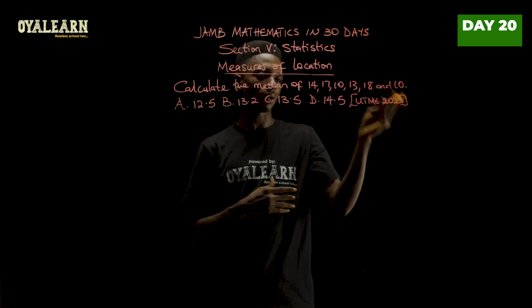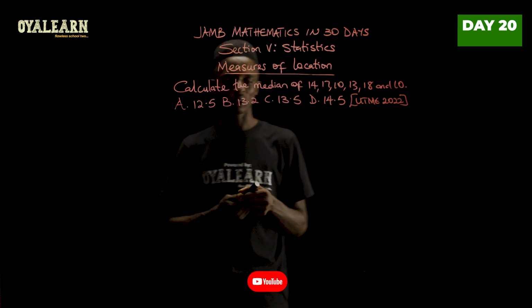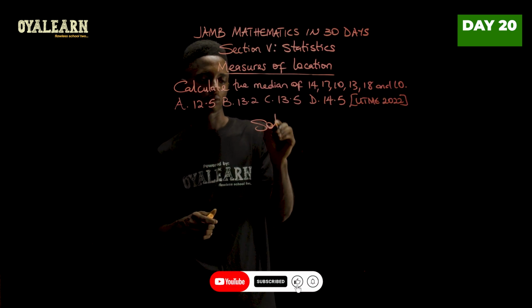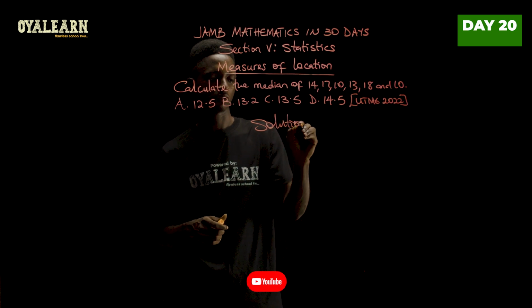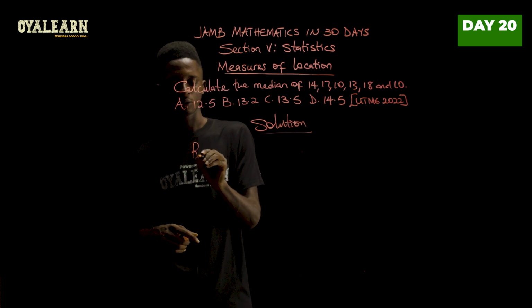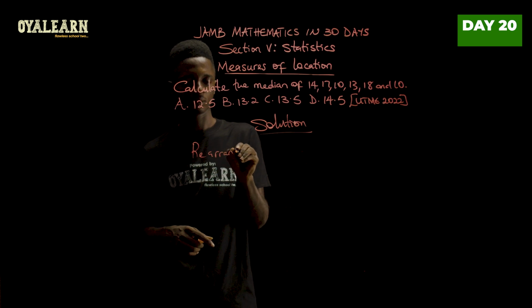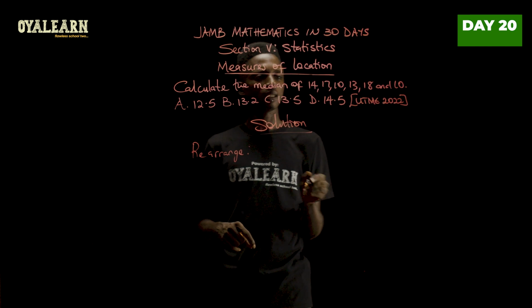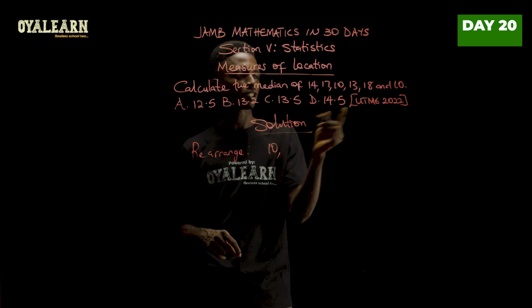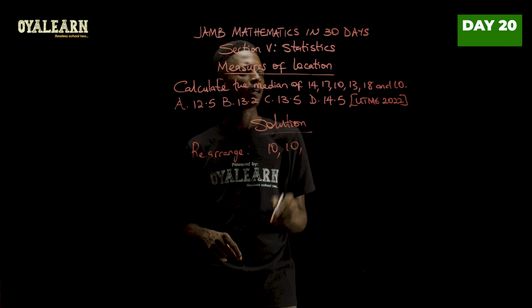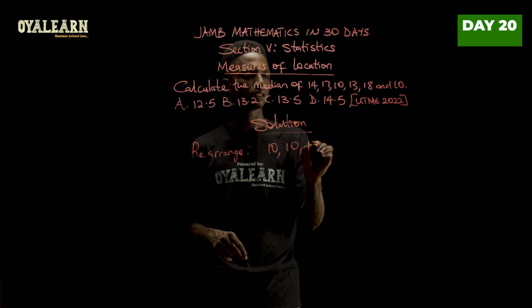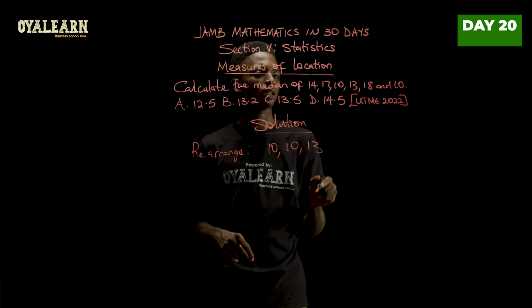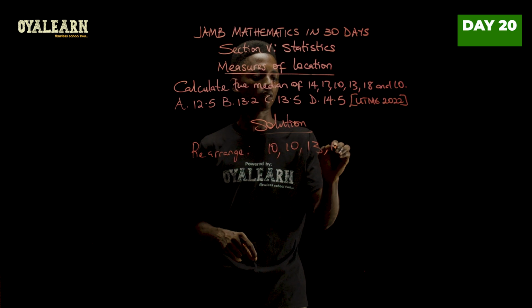So first, let's rearrange this in ascending order. And then we're going to have from the smallest, that will be 10, which appears twice. Then we're going to have 13. Then 14.